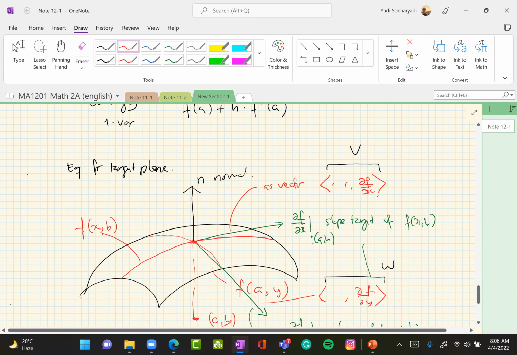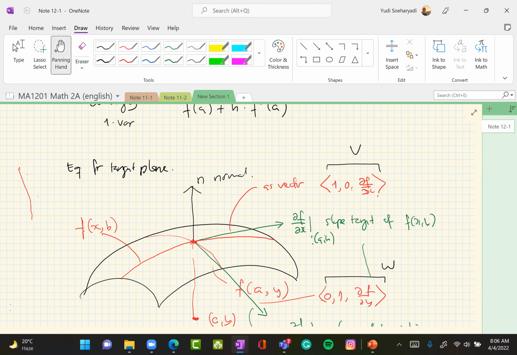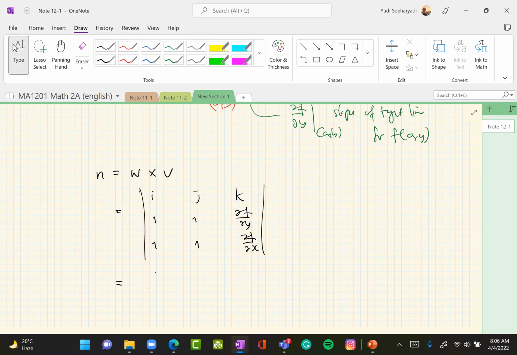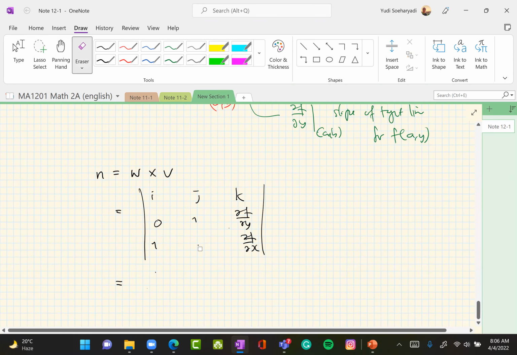So y is fixed, the direction is 0, this is 1. Okay. And this one, the x is fixed. So no difference, this is y. Okay, so we get this one. Okay, that's 0. 0.